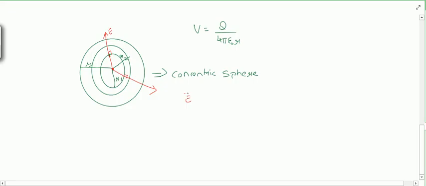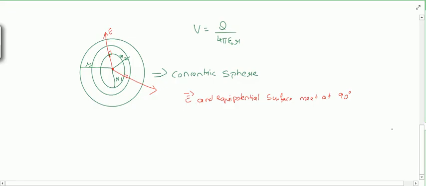So you can say that the electric field and equipotential surface meet at 90 degrees, या फिर आप ये भी लिख सकते हो E and equipotential surface meet at 90 degrees. So you can see that E is always normal to the equipotential surface.